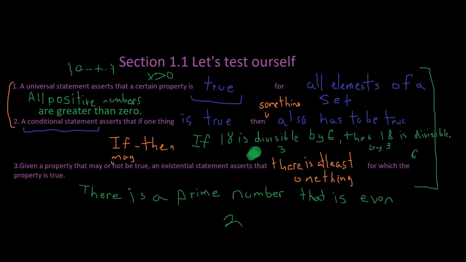And so you can see where the truth could be false, but it says asserts that a certain property is true. So it just makes the assumption that something is true. Doesn't mean that it's going to be true. You just make an assertion, assumption, statement, or proposition that may or may not be true.